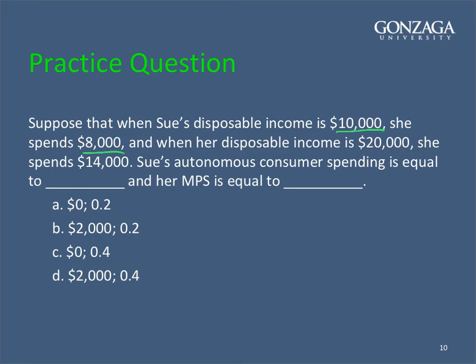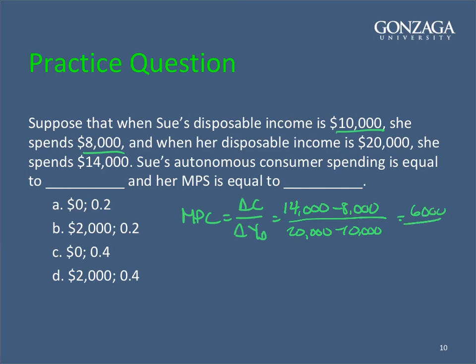First, be careful. We want to find the MPC as our starting point. MPC equals the change in consumption over the change in disposable income. Now, I know a lot of people are going to just quickly throw in 8,000 over 10,000, and you'd be wrong. We're taking the change in consumption. So the change in consumption is 14,000 minus 8,000, and the change in disposable income is 20,000 minus 10,000, so 6,000 over 10,000.